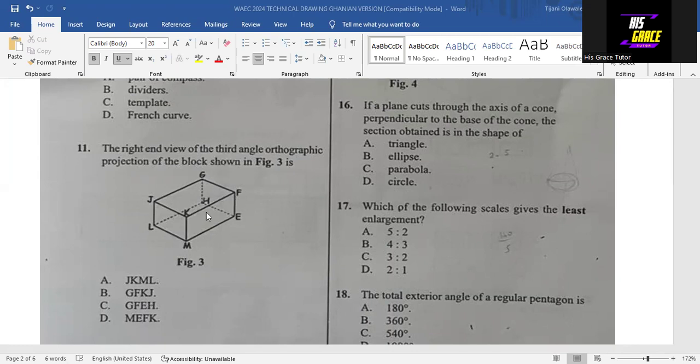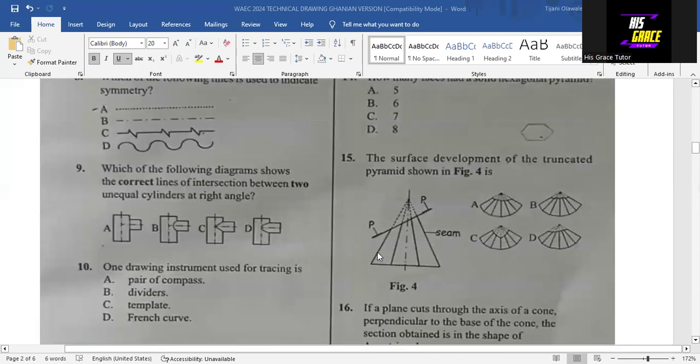So this is the object. This is the front elevation. This is the left hand elevation. So the right hand elevation will be GFEH, which is option C, the answer to that question, as we are instructed to view it in third angle projection.